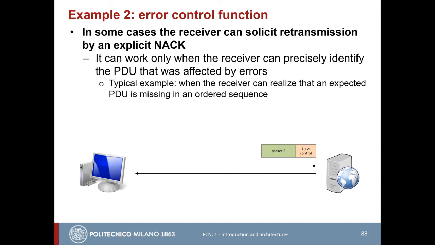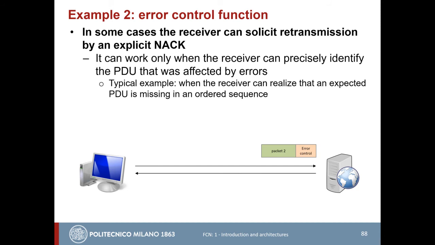When the receiver receives a packet that contains an error, the error can be anywhere in the packet. It can also be in the header. So it means that the receiver is not sure about which packet contains the error. This is why the timeout method is easier, because if the packet is dropped, the receiver does not do anything.